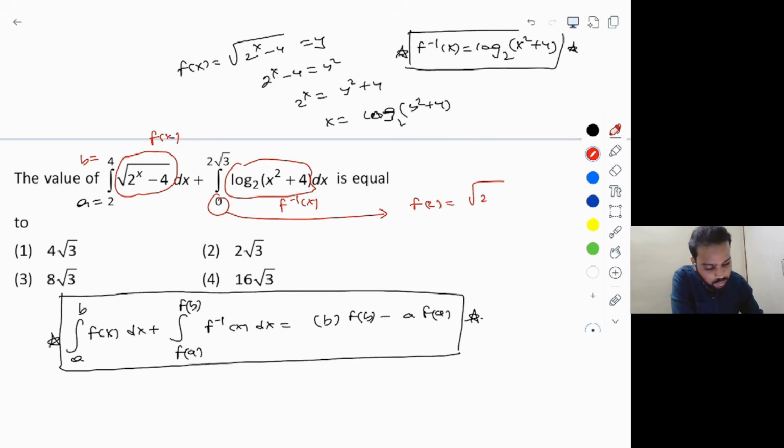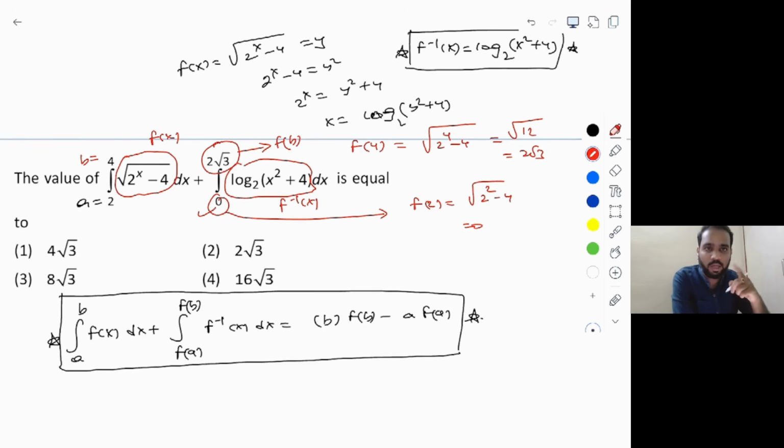So f of 2 is equal to square root of 2 square minus 4, which is equal to 0. So the lower limit is satisfied. What about the upper limit? If this is b, it has to be f of b. Let's calculate f of b, where b is 4. So f of 4 is equal to square root of 2 power 4 minus 4. That is square root of 16 minus 4, 12. So it should be 2 root 3, which is clearly the f of b value.